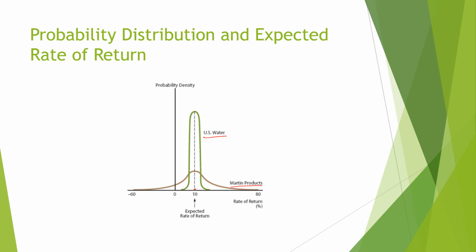From minus 60 to 80. And then this stock is very narrowly distributed, so it is less risk, right? This stock shows a higher risk because it shows a larger standard deviation.